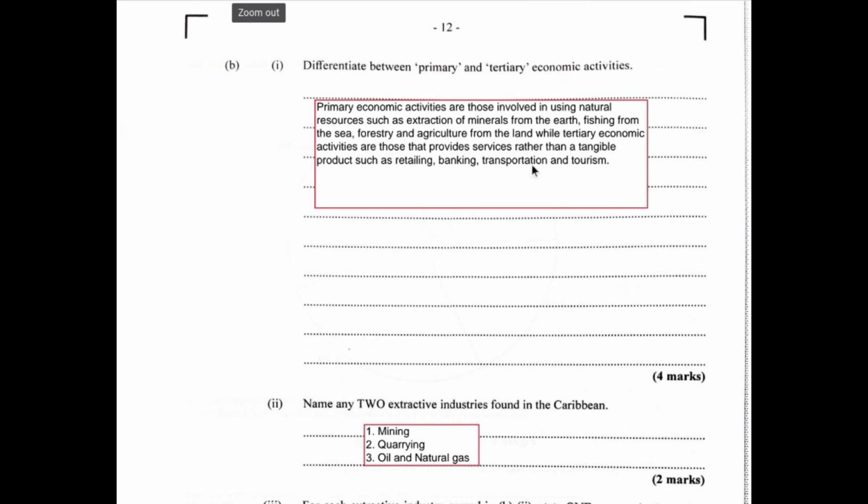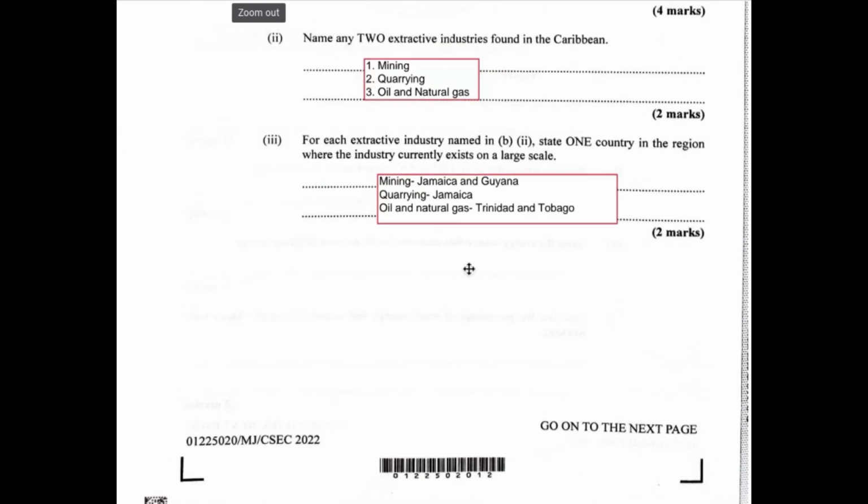Good. Part 2 of that question asks that we name any 2 extractive industries found in the Caribbean, and I have listed 3. So extractive industries found in the Caribbean include mining, quarrying, and the oil and natural gas industry.